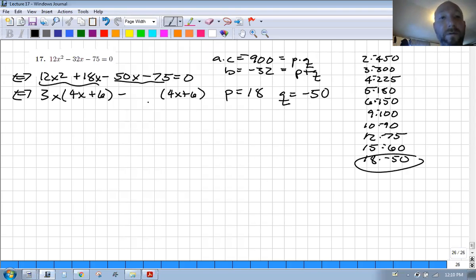So, what times 4 gives me 50? 50 divided by 4 is, hold on, I'm doing something wrong. 50 minus 18 is 32. So I'll rewrite 32 as 18 minus 50. So out of here, I factored out a 3x.